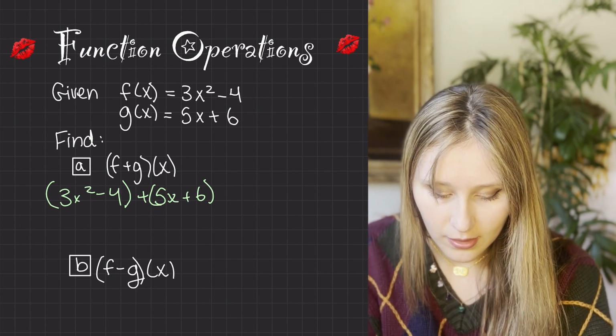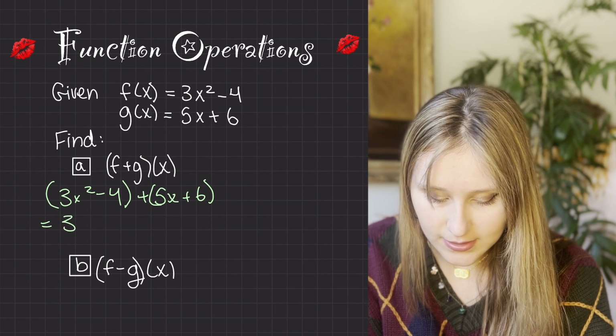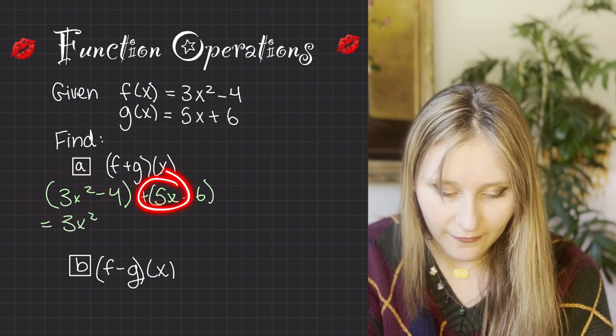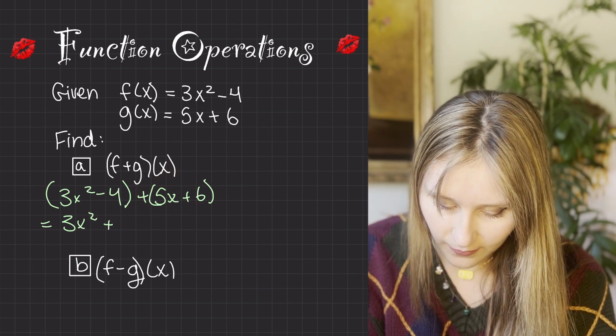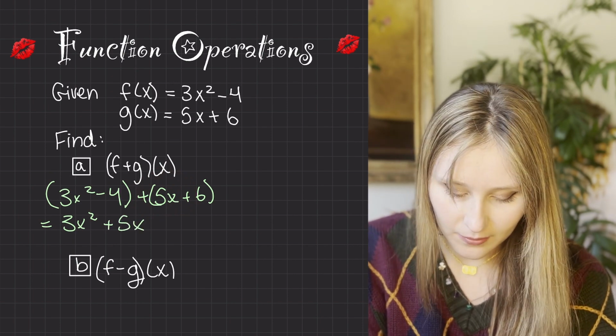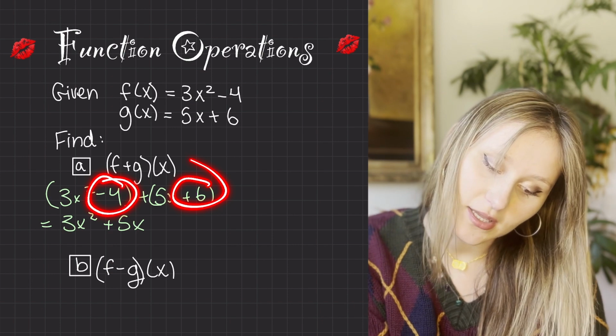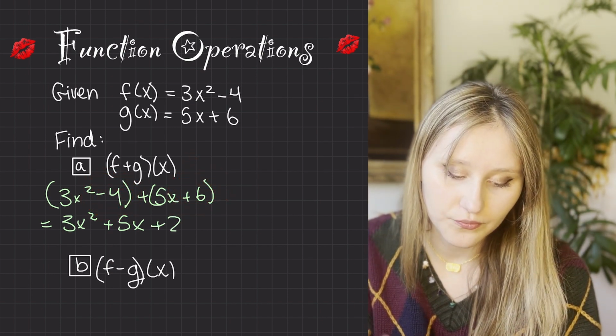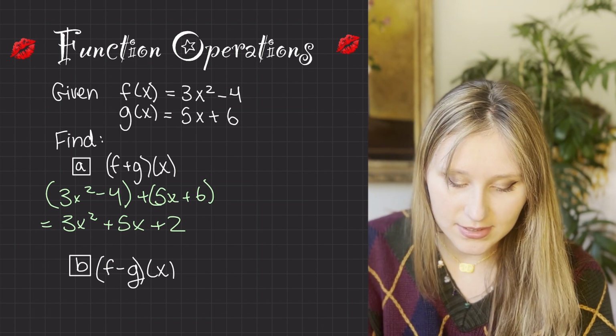Then that is equal to 3x squared. We're combining like terms here. We have 5x by itself, and then we combine minus 4 and plus 6, so minus 4 plus 6 is plus 2. That is the sum.